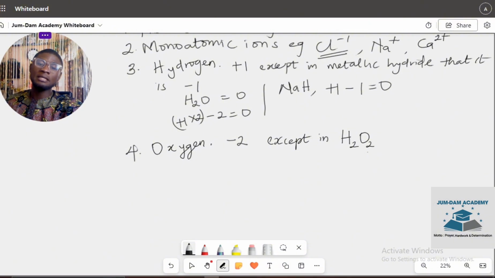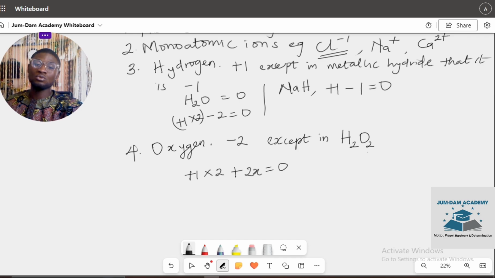Let's check it out. We've said hydrogen is +1, except in metallic hydride. And looking at hydrogen peroxide, it is not a metallic hydride, since oxygen is not a metal. So we know that it is just a neutral compound. Therefore, hydrogen is +1. Now, +1 multiplied by the number of atoms, that's 2, plus, for oxygen, x multiplied by 2, that is 2x, equal to 0.